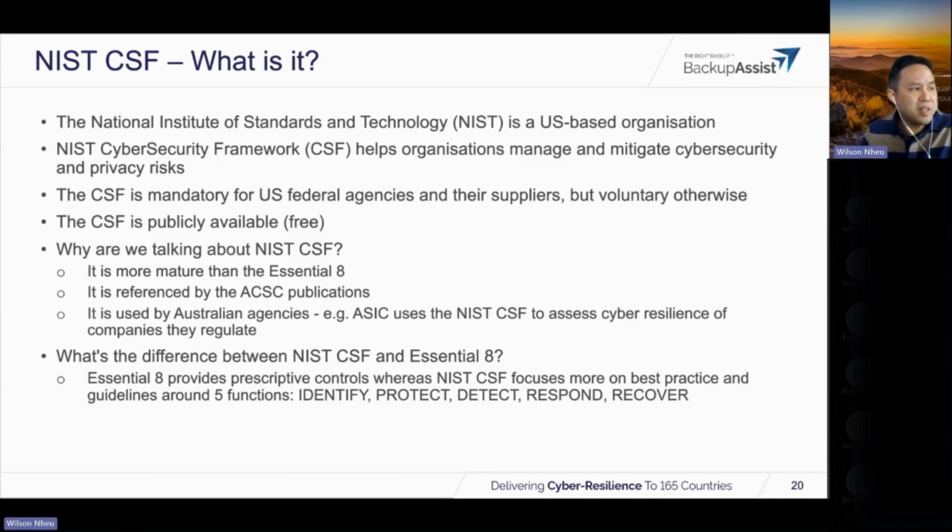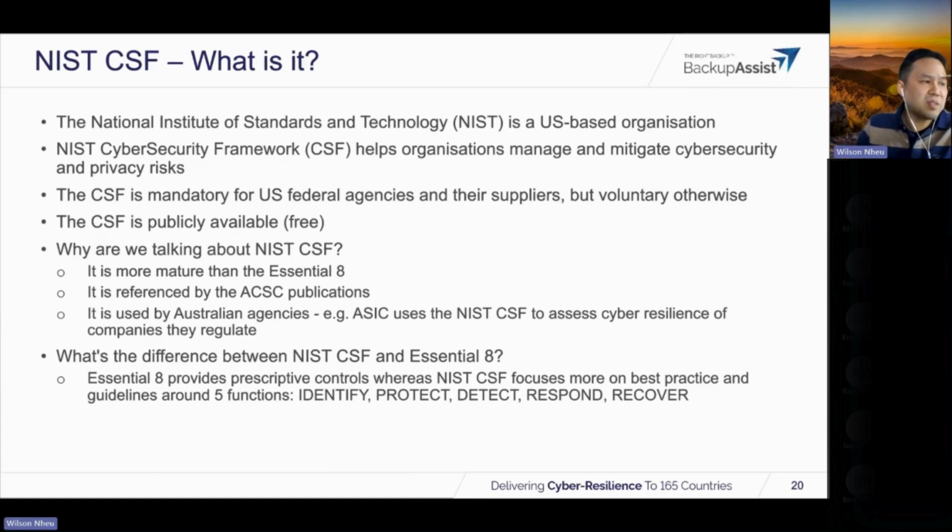The CSF is free as well, just like the Essential 8, unlike things like ISO 27001, which is not free. So why are we talking about the NIST CSF? The reason is that it is a lot more mature than the Essential 8, and has been around longer.